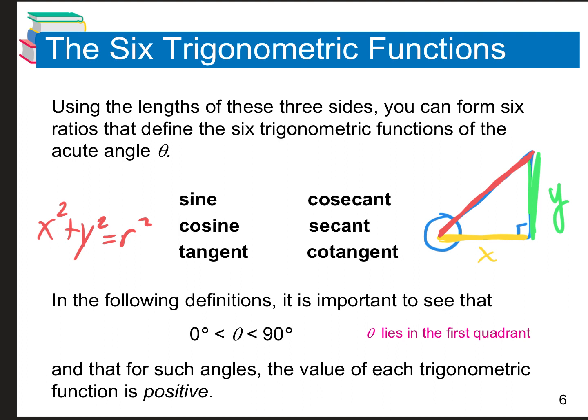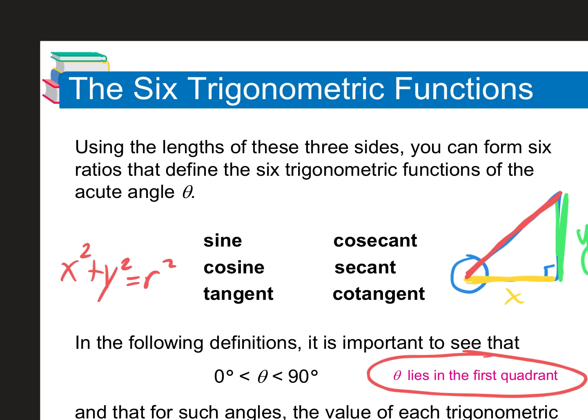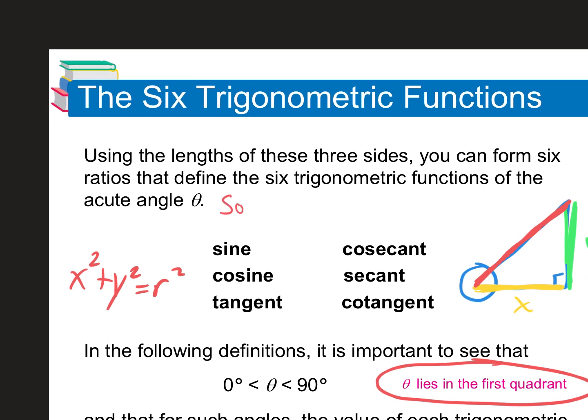We are talking today about only stuff where the angle lies in the first quadrant, meaning your x and y values are positive. Okay, so if we have sine, cosine, tangent, you guys are familiar with SOHCAHTOA, correct? SOHCAHTOA. Sine is opposite over hypotenuse. Cosine is adjacent over hypotenuse. TOA is opposite over adjacent.